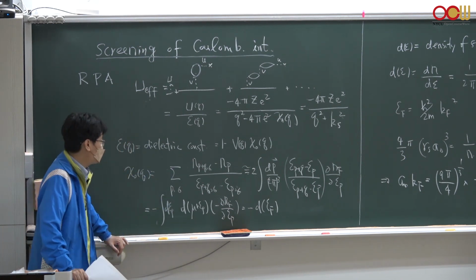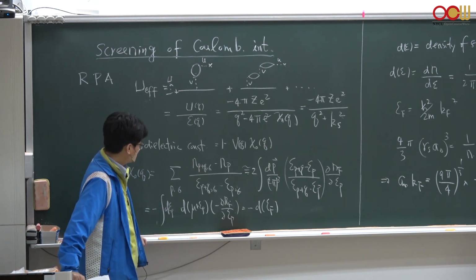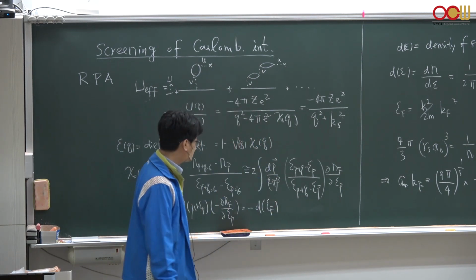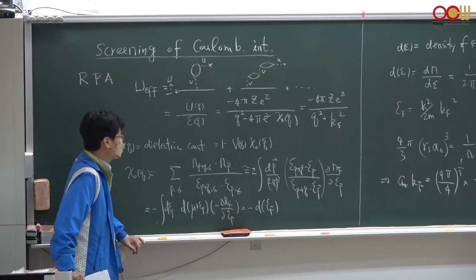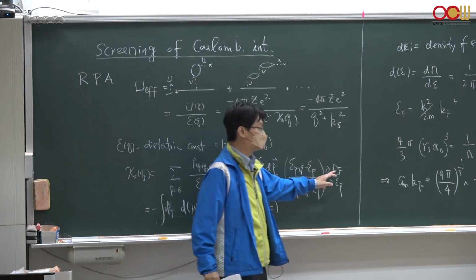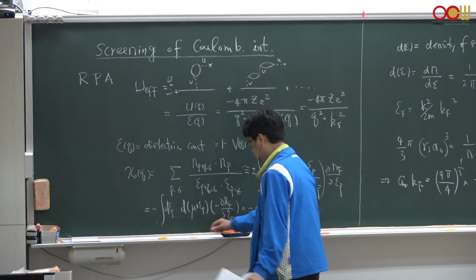So we can Taylor expand this difference in the Fermi distribution function, which is given by this integral, and you cancel the numerator and denominator. You know that this derivative of the Fermi function, when T equals 0, is actually minus the Dirac delta function.